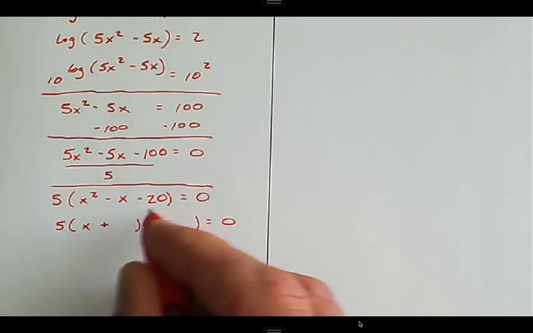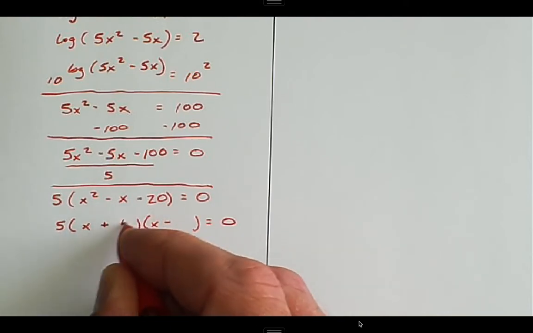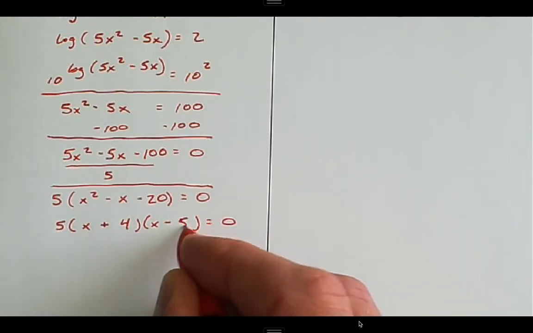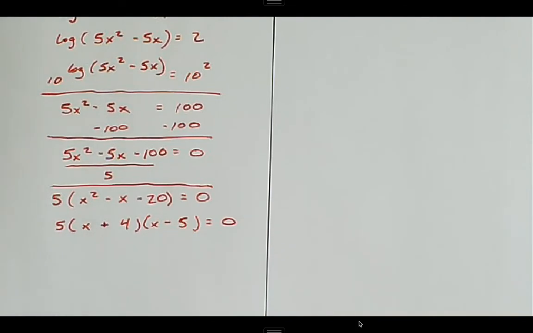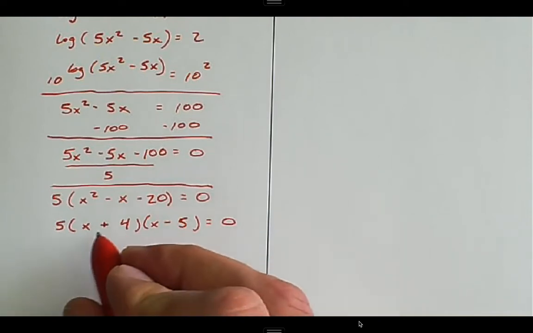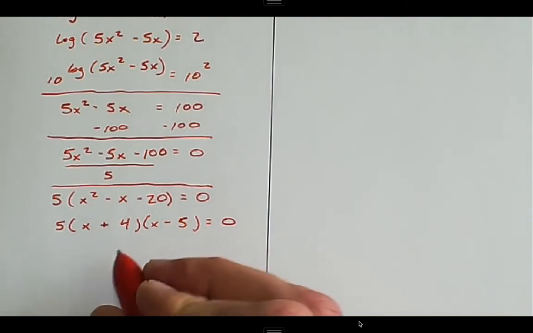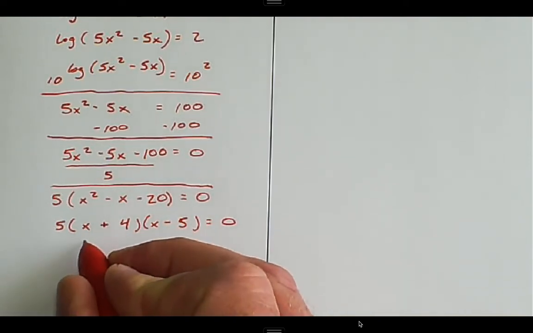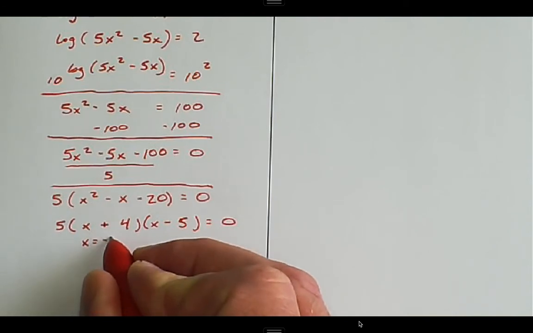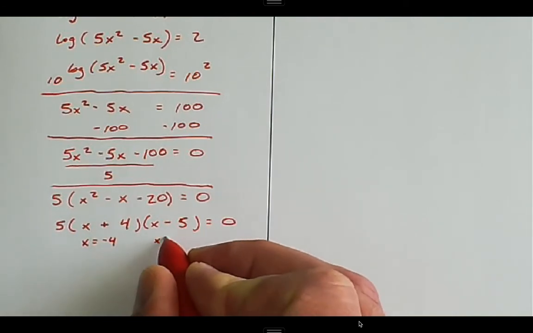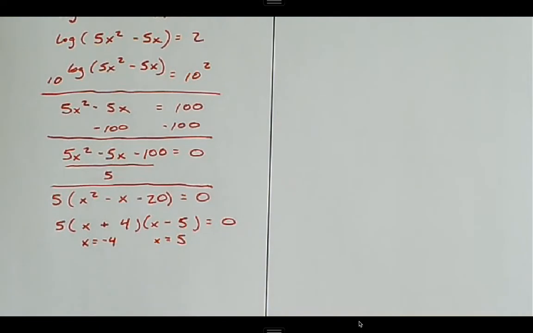So 4 and 5 will work. So 4 has to be positive and 5 has to be negative. Then we can use the zero product property, which says whatever makes this part 0 is going to make the whole thing 0. So x can be equal to negative 4, or x can be equal to positive 5.